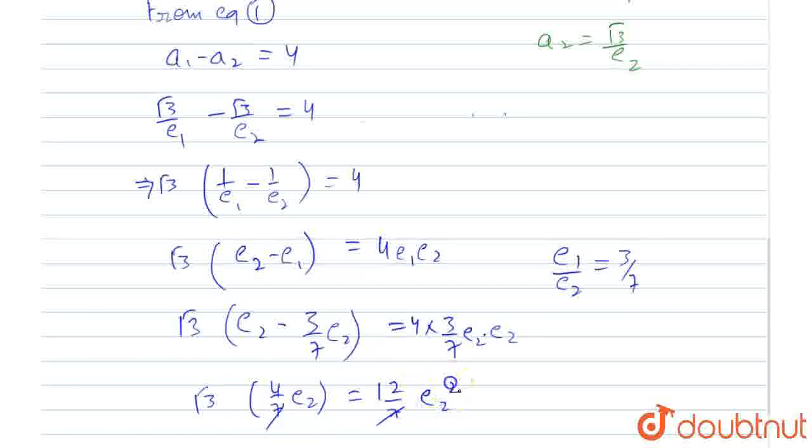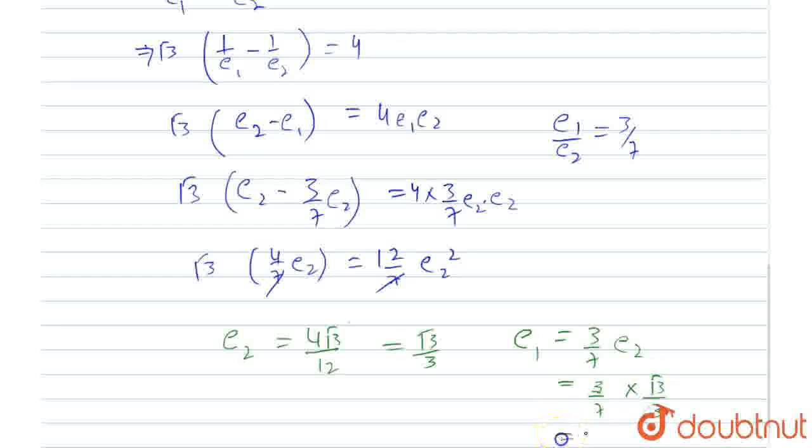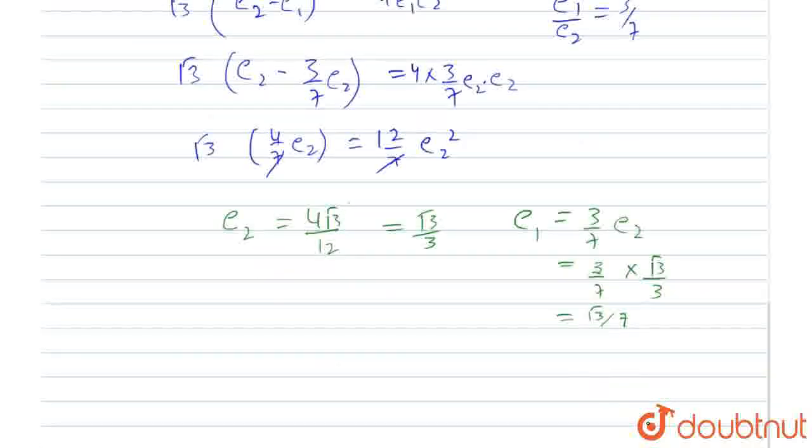Then we can find the value of E2, which is 4 root 3 upon 12, which is root 3 upon 3, and E1 is equal to 3/7 of E2, which is 3/7 into root 3 upon 3, so that is root 3 upon 7. So we have got the values of E1 and E2.